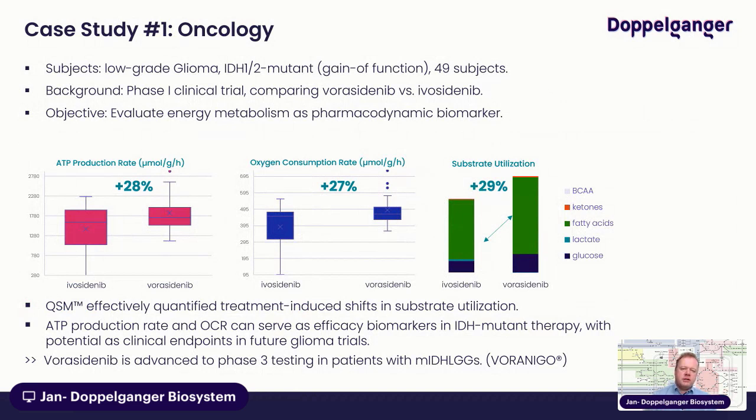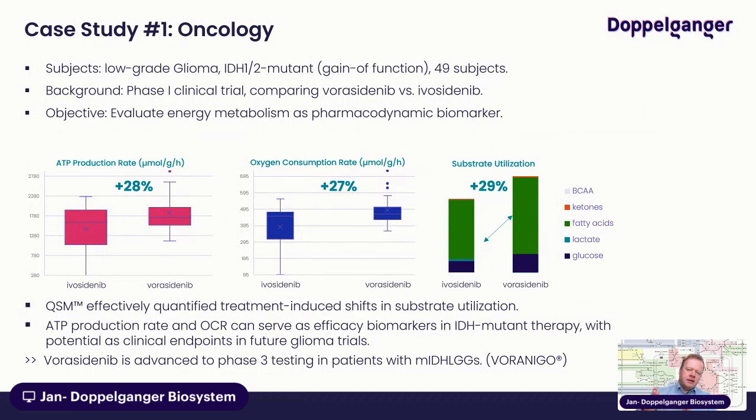This was a phase 1 study including 49 subjects. And the sponsor here compared two compounds, vorasidenib versus ivosidenib. And the mode of action of these two compounds is slightly different, but it basically blocks this gain of function mutation on the enzyme side.